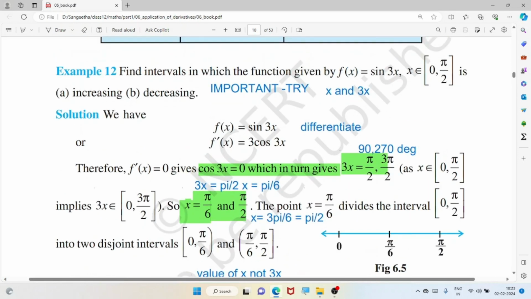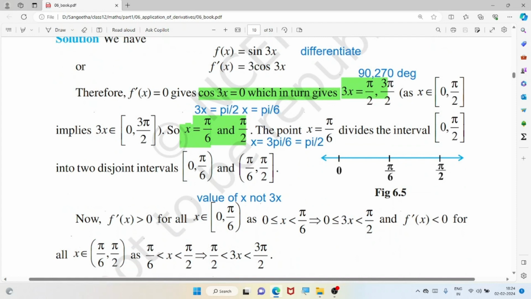Here 3x equals pi by 2 and 3 pi by 2 are the points where the cos function is 0. You know the cos function: cos 0 is 1, cos 90 is 0.